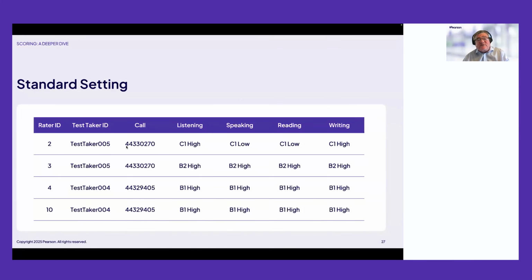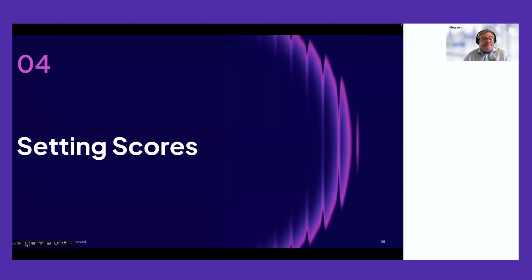Each test taker is rated twice, and then we get an idea of where they are on the Common European Framework. And that then helps us translate those scores into the scores that the test taker needs to get into those particular institutions. So where they are on the Common European Framework helps us set that score against the requirements of the institutions.